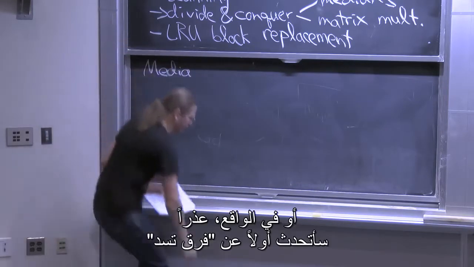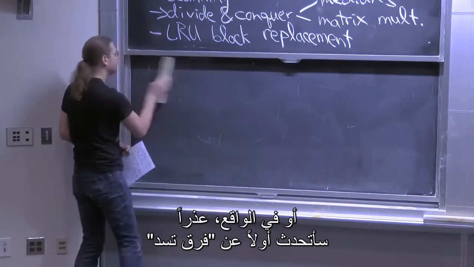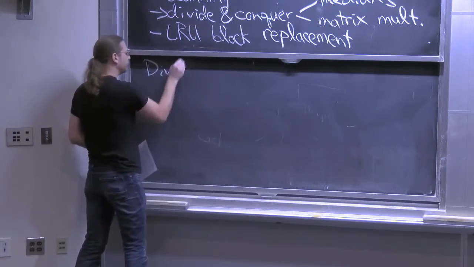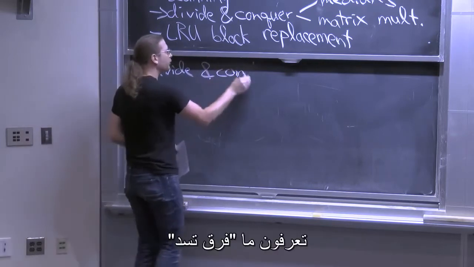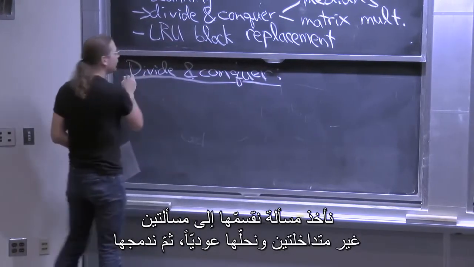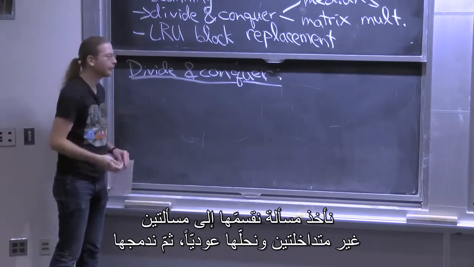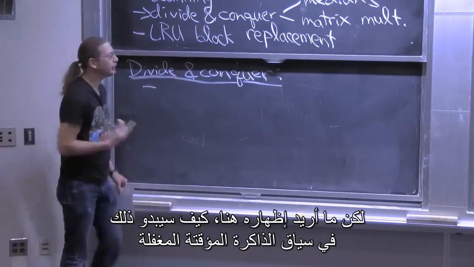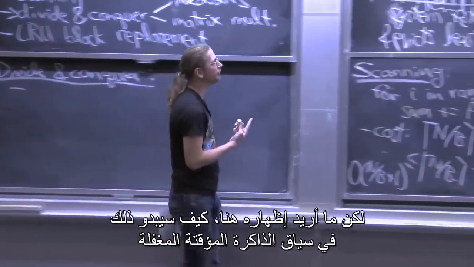OK, so let's do median finding. Or actually, sorry. Let me first talk about divide and conquer in general. OK, you know what divide and conquer is. You take your problem, you split it into non-overlapping subproblems, recursively solve them, combine them. But what I want to stress here is what it's going to look like in a cache oblivious context.